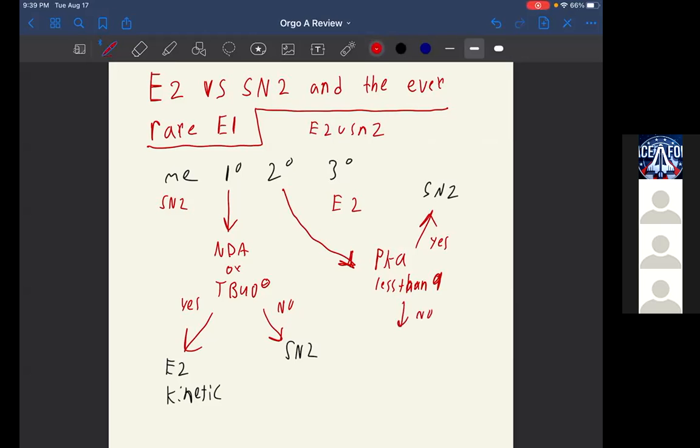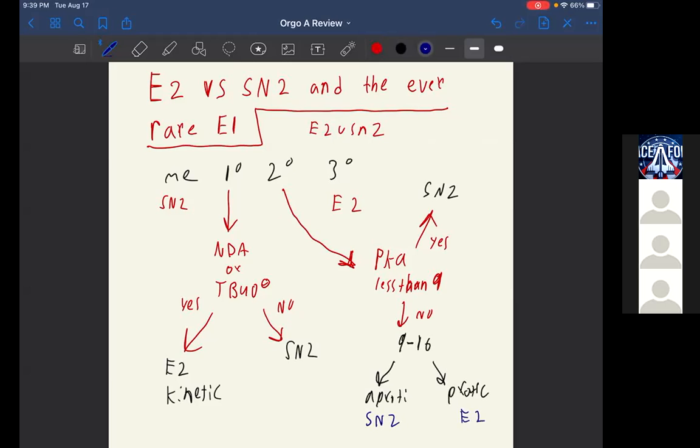If the pKa is between 9 and 16, you look at the solvent, protic or aprotic. Aprotic, of course, still favors SN2, and protic favors E2. So then you have to utilize that pKa chart that you probably should have memorized in order to know if it's between 9 and 16.